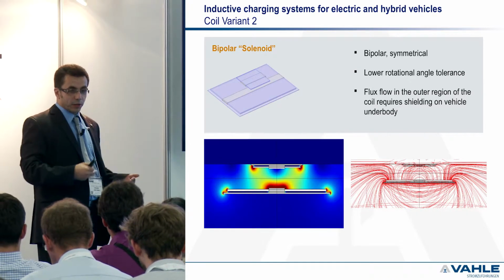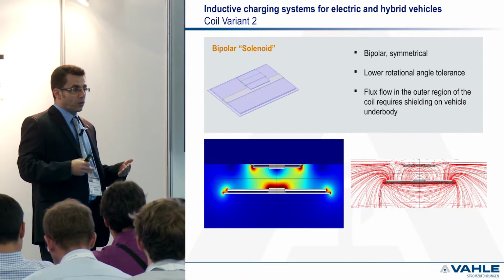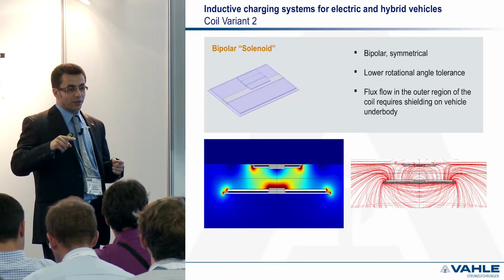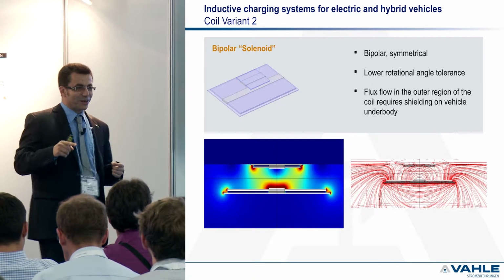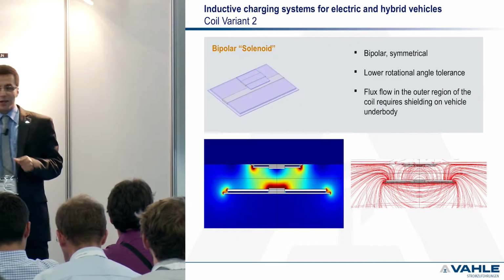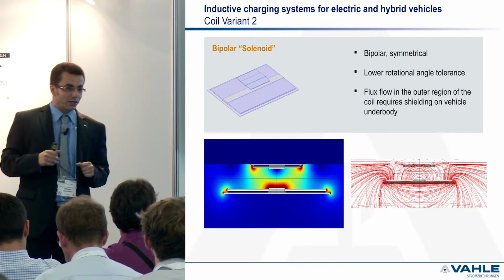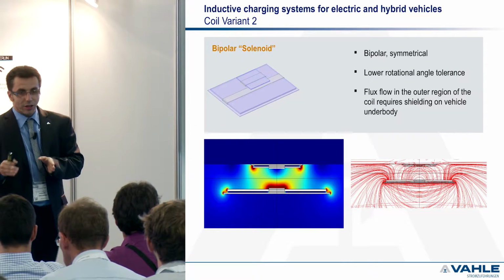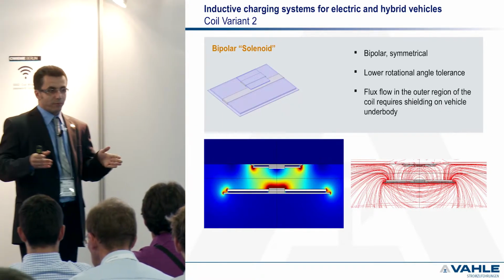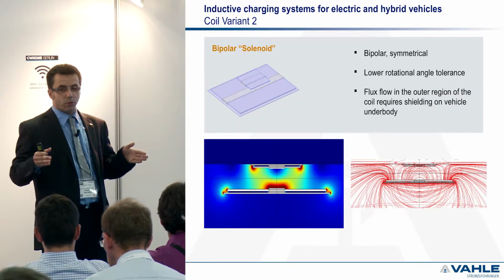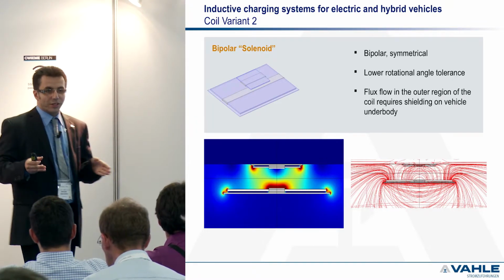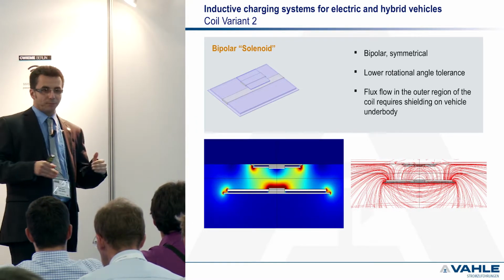They've got a higher coupling. We're talking here about 0.15. So this is relatively good compared to the circular coils, which maybe have 0.1. So we're talking here about very, very low couplings.